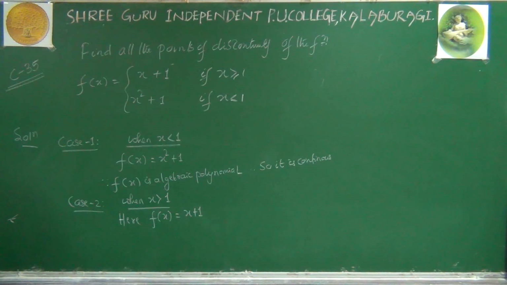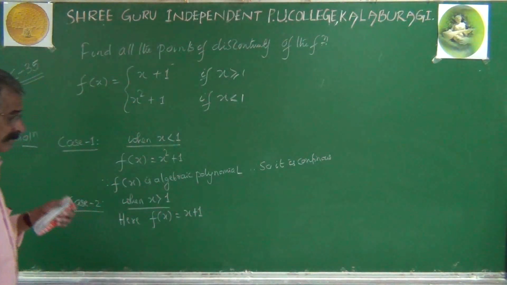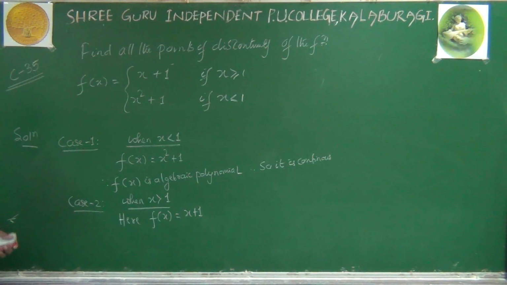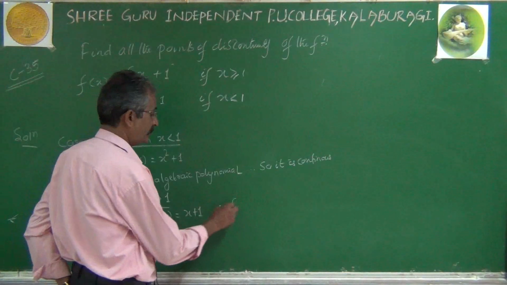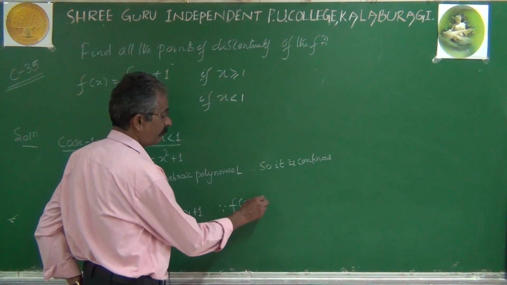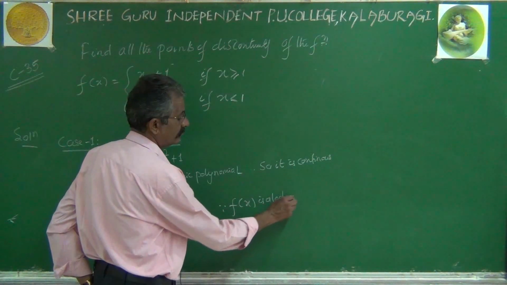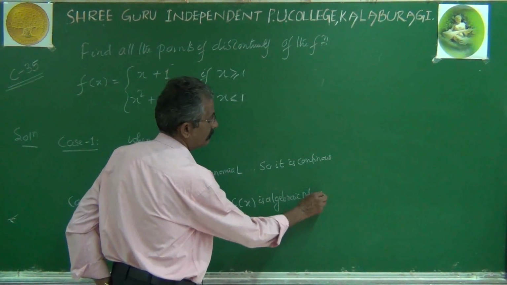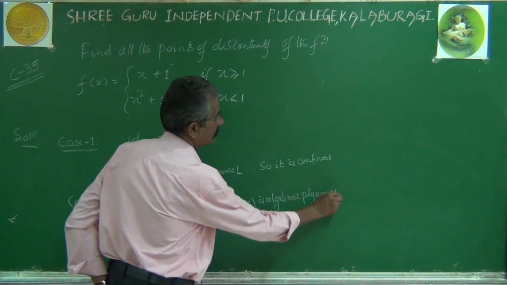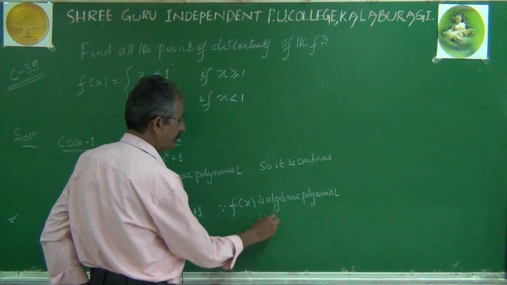It is also an algebraic polynomial of first degree, but still it is an algebraic polynomial, so it is continuous.